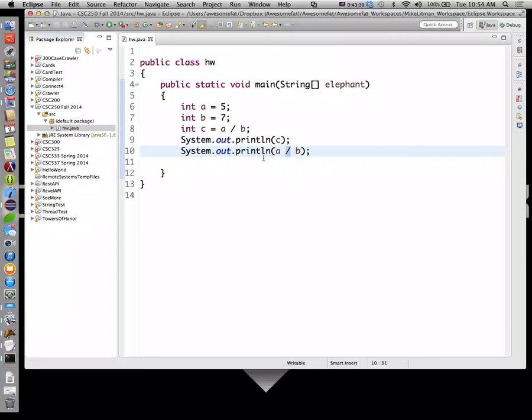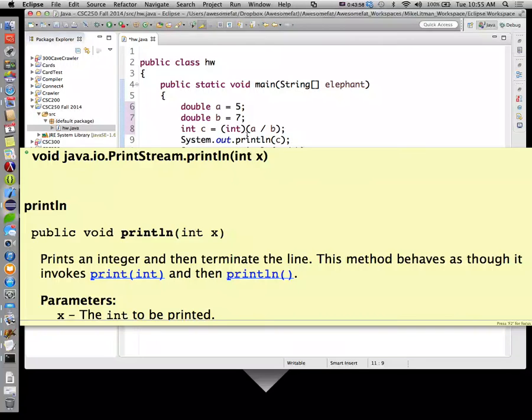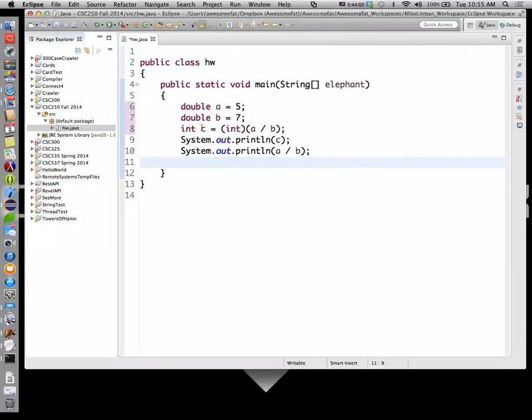If A and B were both doubles, and just pretend like you don't see that for a second, completely unimportant, we don't know about this yet.